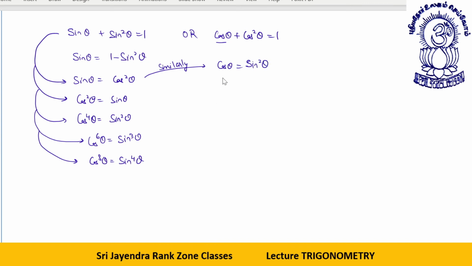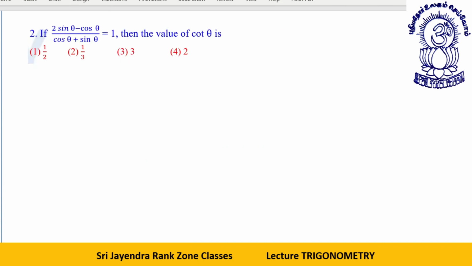Further, you can say sine square theta is equal to cos theta. Then you can replace sine 4 theta by cos square theta, sine 6 theta by cos cube theta, and sine raised to the power 8 theta by cos 4 theta, based on this rule, this property. Okay, let's start with the questions.